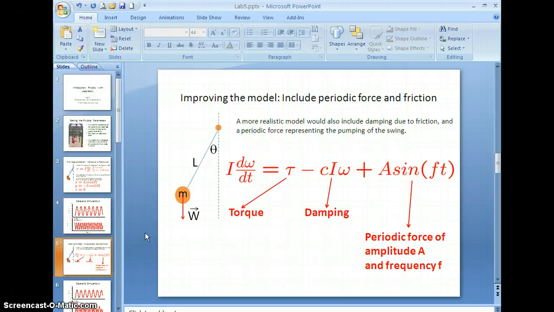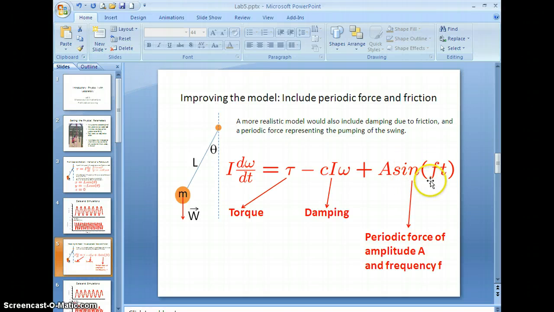So we decided to improve the model by including both a periodic force and the friction of the swing. The reason to include a periodic force is that we can see that the subject on the swing periodically pumps the swing, and so is adding force.